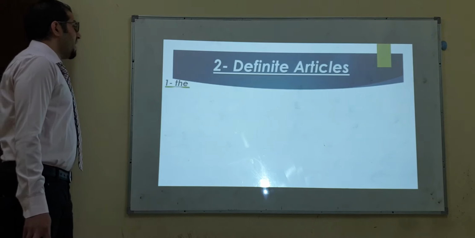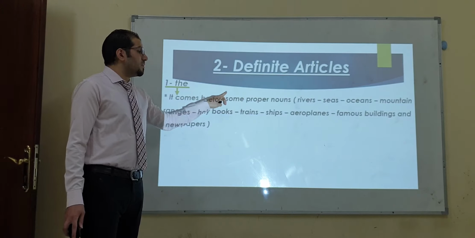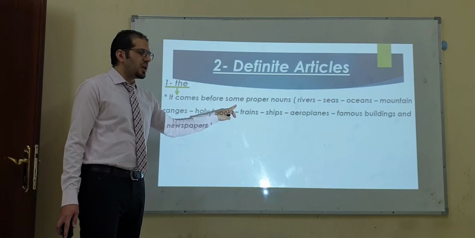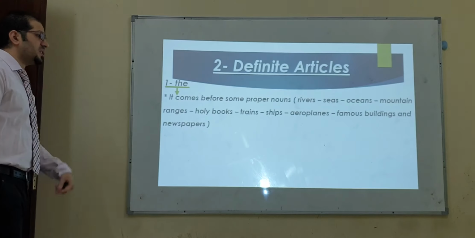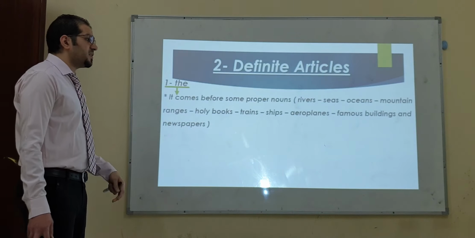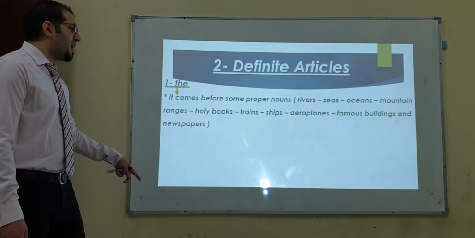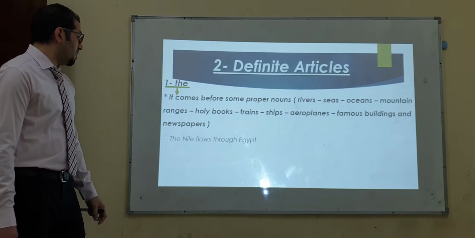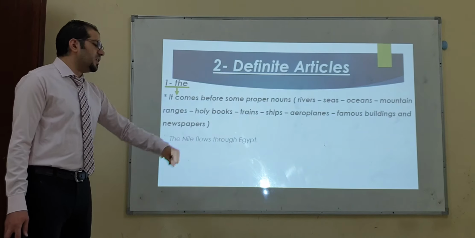Another usage for the is it comes before some proper nouns. I wrote here some proper nouns like rivers, seas, oceans, mountain ranges, holy books, trains, ships, airplanes, famous buildings, and newspapers. We can use the with these proper nouns. Like here, the Nile flows through Egypt.